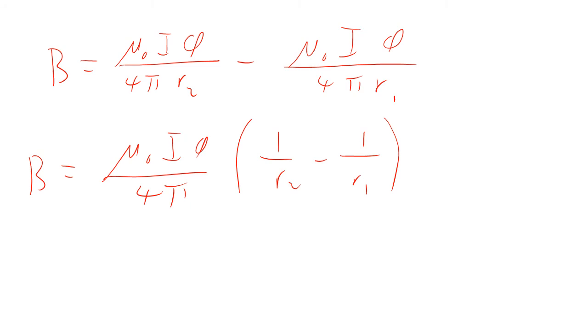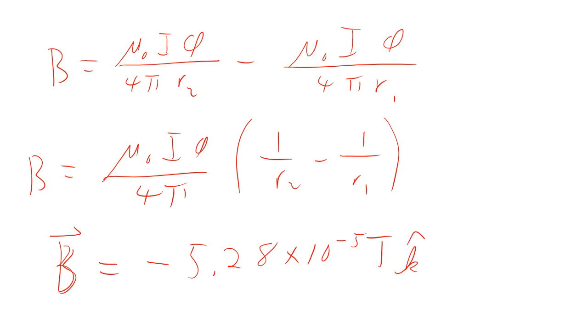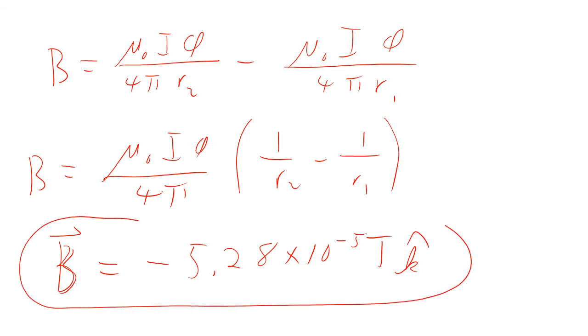Okay. Plug in the numbers that you were given there, and that comes out to be minus 5.28 times 10 to the minus 5th Tesla, and that is in, like that. If you wanted to, you could also write that as minus 0.528 Gauss, if you prefer using Gauss instead of Tesla for such small magnetic fields.